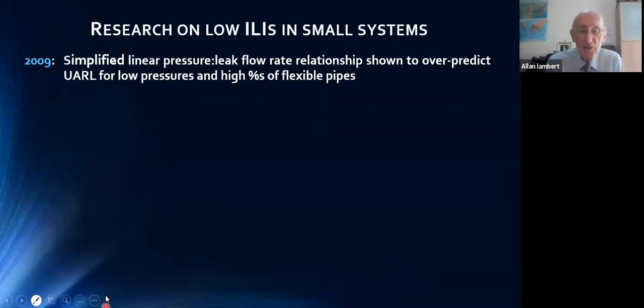Now, let's look at research on low ILIs carried out since 1999. By 2009, it was clear that the simplified linear pressure leak flow relationship could overpredict UARL for systems with low pressures and high percentages of flexible pipes.